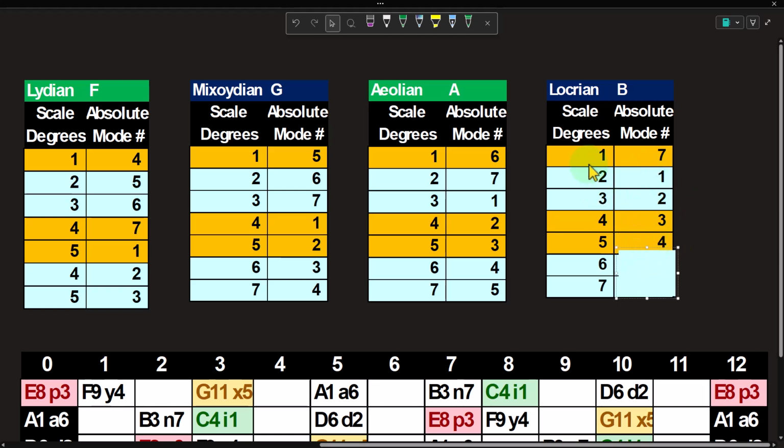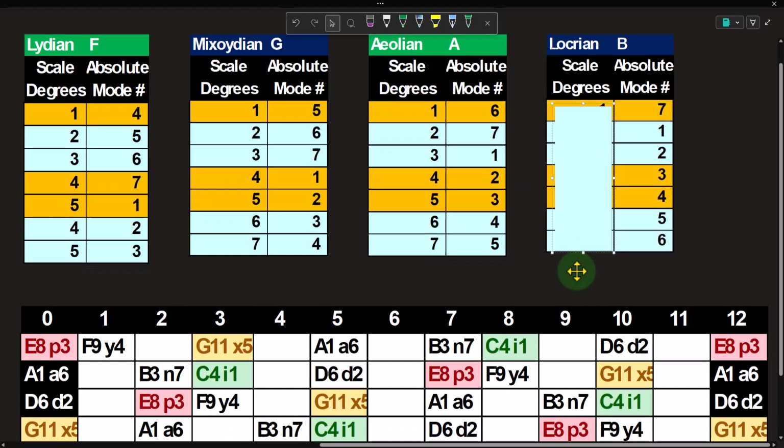Or we can say that the 1 goes up by 6 to get to 7, which means that the 4 plus 6 would give us 6, 7, 8, 9, 10. But there's only 7 notes, so 10 minus 7 would get to 3. So it's a little bit wonky because we've got to go around the horn to figure that out, but totally doable. All right, so let's go to the other side then.